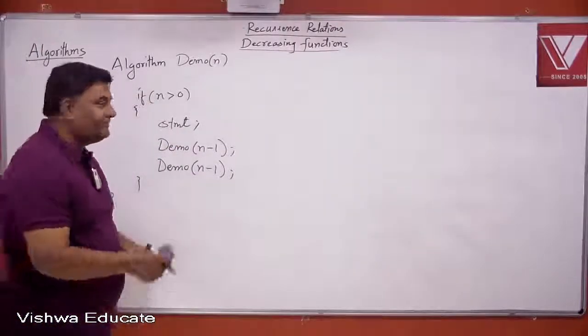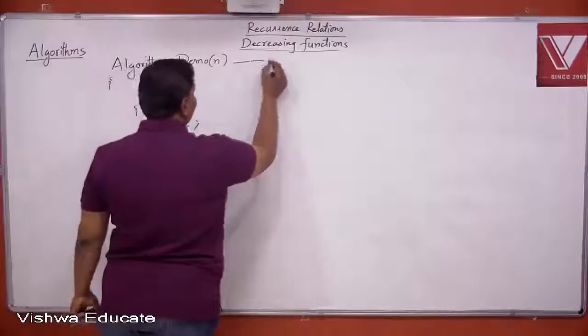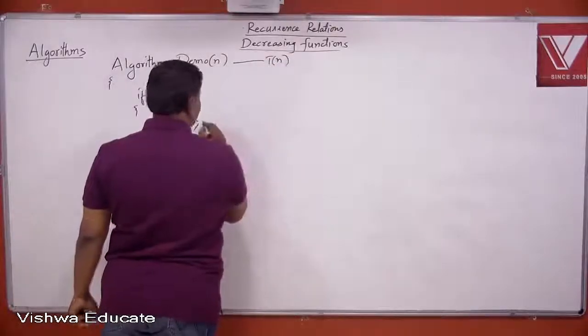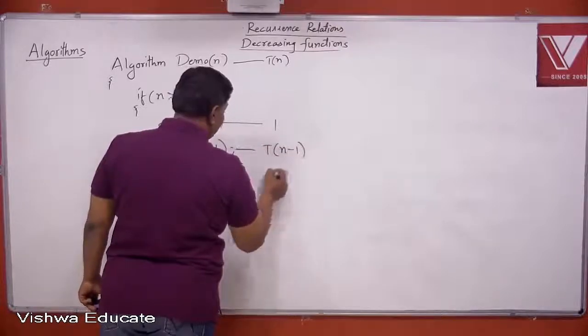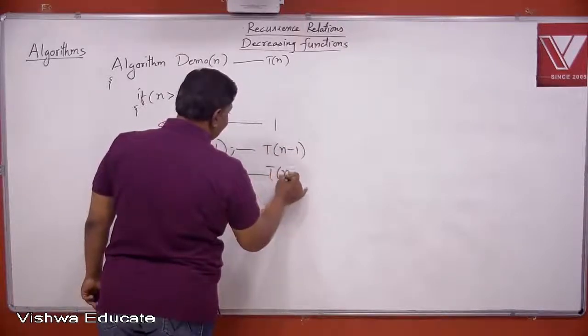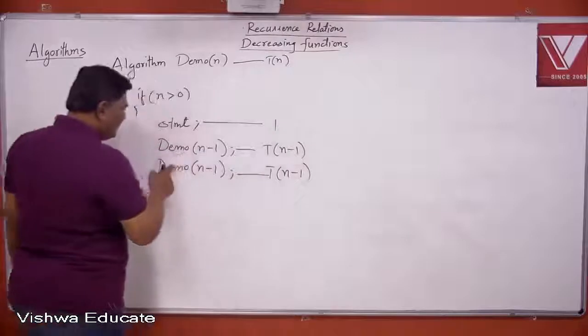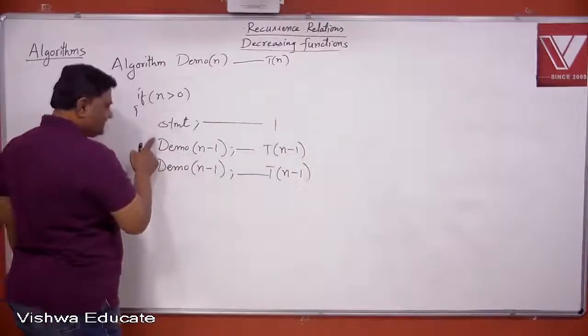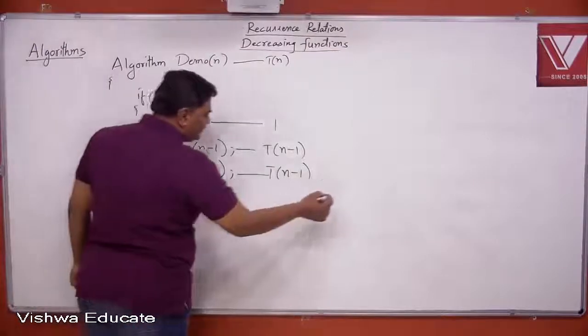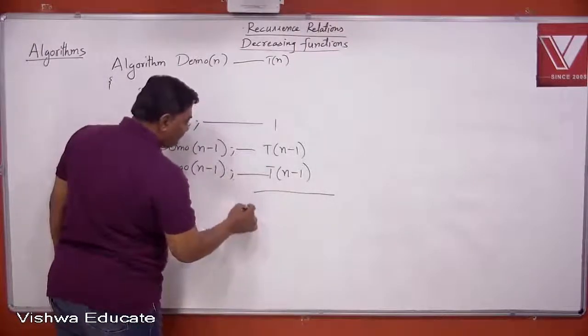Prepare the recurrence relation for this. This is T(n), yes. This is 1, yes. This is T(n-1), yes. This is T(n-1). Both are executed, yes. It is not in if and else. Both are executed.